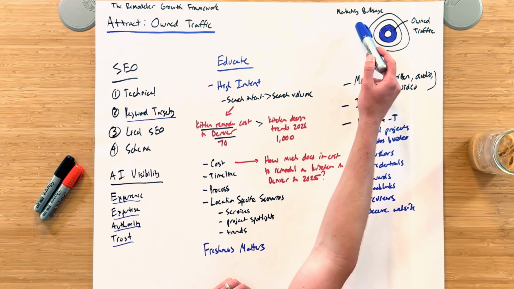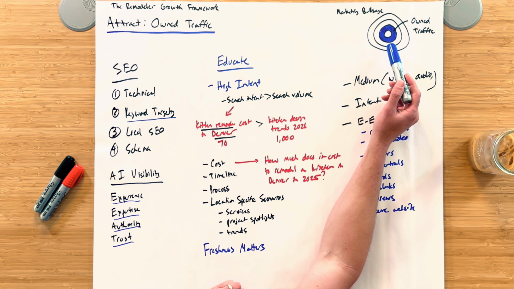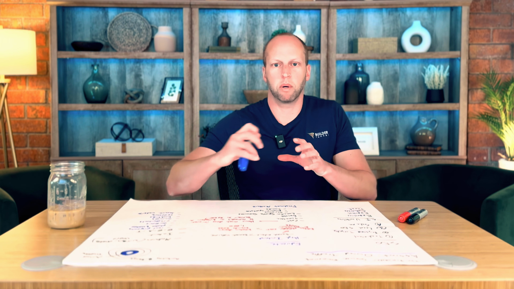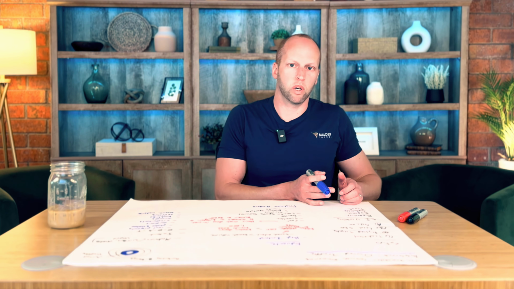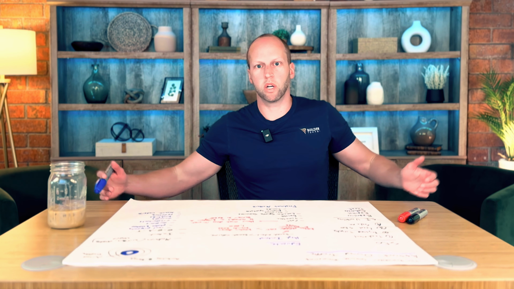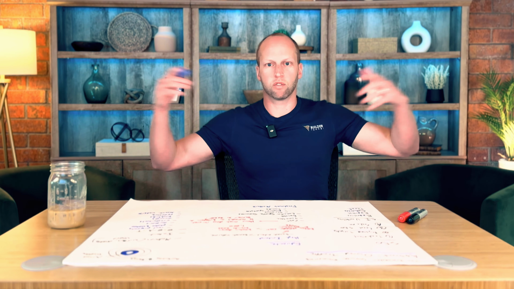And so looking back to our marketing bullseye, the idea is that over time, we're trying to build a system where this ring expands and gets a lot bigger. Think about if you owned one rental property or you owned 10 or 20 or 30, you would own more real estate and you'd have more cash flow coming in.